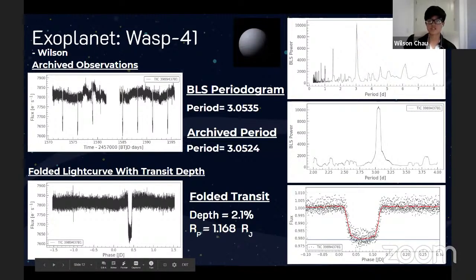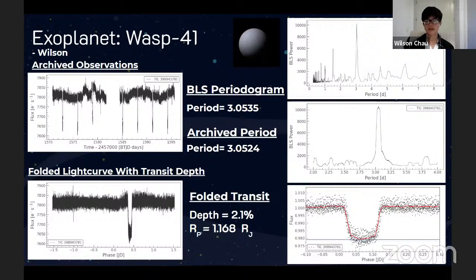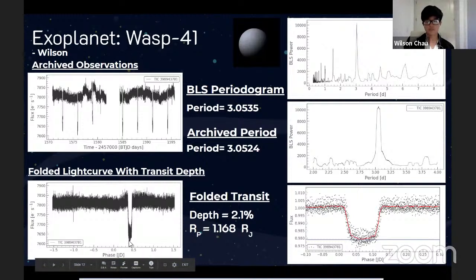So moving on to exoplanets, an exoplanet that I did was WASP-41, and usually WASP planets are known for how large their radius is. If you look here, we have our archive observations, and on this light curve graph you can notice that there are 7 different transits. Moving along, we found the folded light curve with the transit depth. So we zoomed in, and after doing that, we found our BLS periodogram.